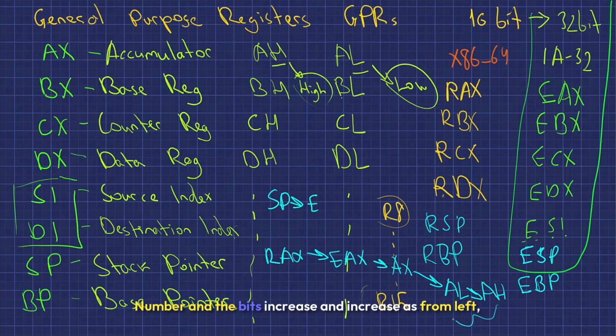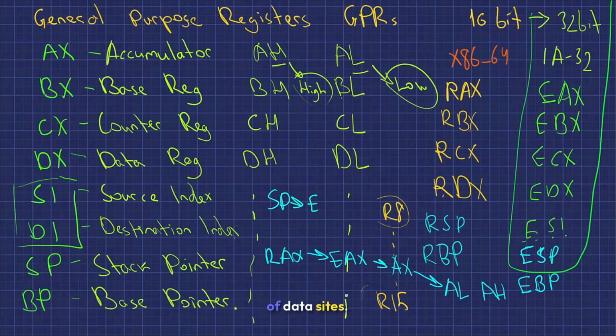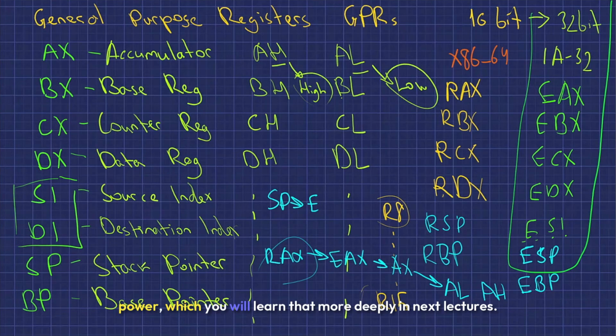The bits increase from right to left in this diagram, which allows for flexible manipulation of data sizes. So if you don't need the 64-bit registers, but you're computing on a 64-bit CPU, you can just use AL to save computing power, which you will learn more deeply in the next lectures.